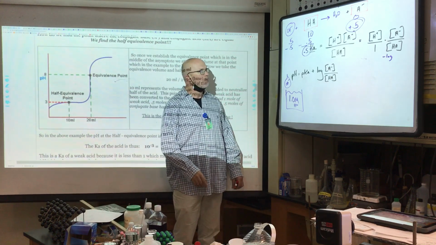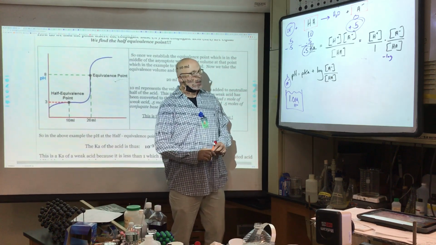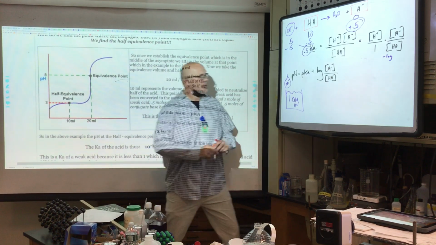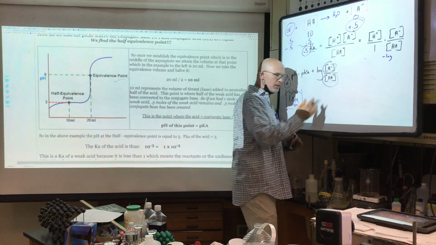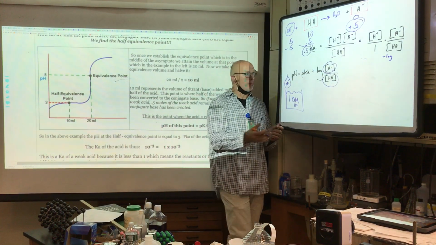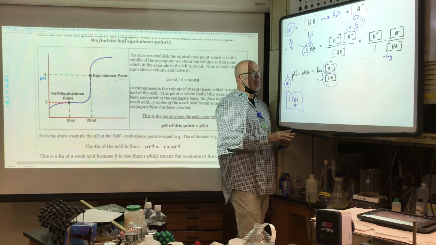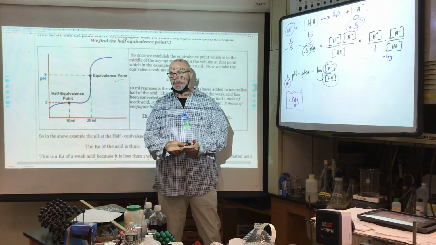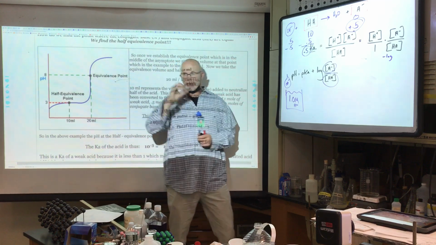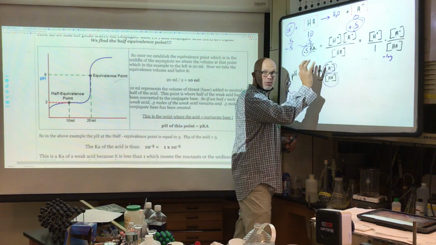So, all right, at this position, these guys are the same. And if they're the same moles and the same volume, the molarities will be the same. Remember, brackets are molarity. If these are the same, the ratio goes to 1. What's the log of 1? 0. So when these are the same, this goes to 0.